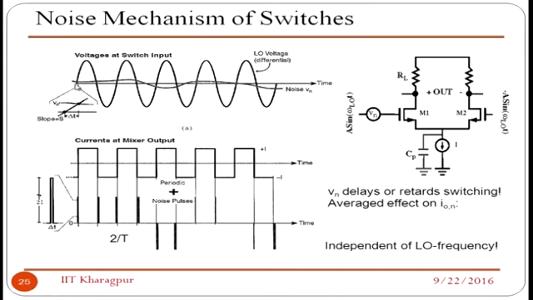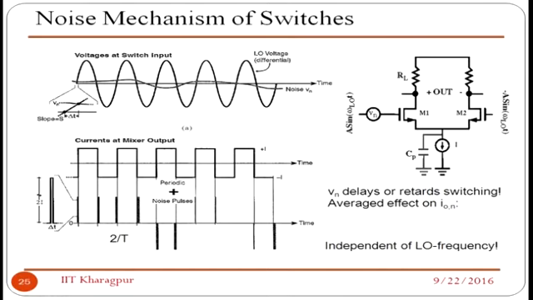If there is switching, it retards the timing of the current rise and fall, and that introduces some kind of noise pulse. A periodic noise pulse will come in your current output.